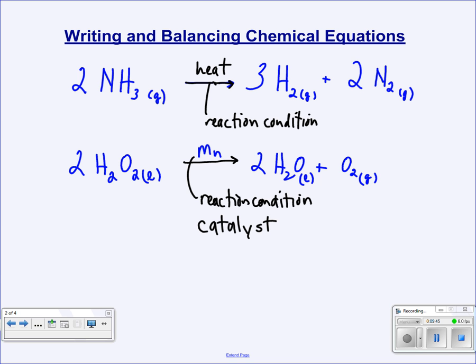It is also considered a catalyst. Anytime an element or a compound is written above the reaction arrow, then that is called a catalyst. It's something that's going to speed the reaction up, as heat would do in the first reaction of NH3. Any of those reaction conditions are something that needs to be present or the reaction won't happen as written.